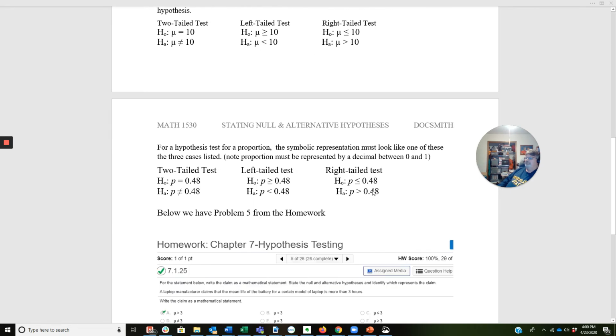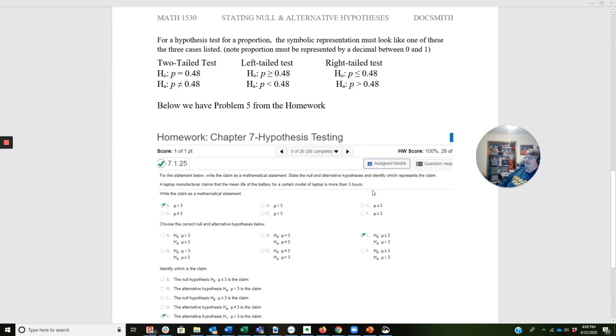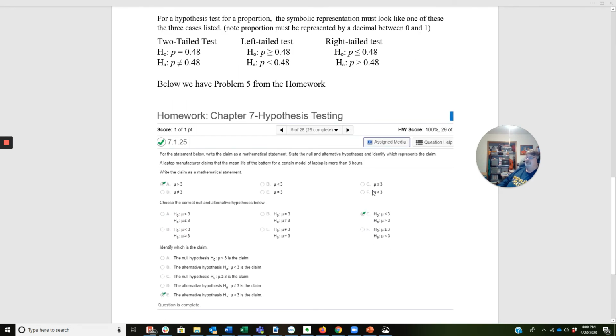So let's look at chapter 5 from the homework that asks us to identify the claim and the proportion. They want us to identify the claim, identify the null and alternative hypothesis, and then locate the claim. So for the statement below, write the claim as a mathematical statement.